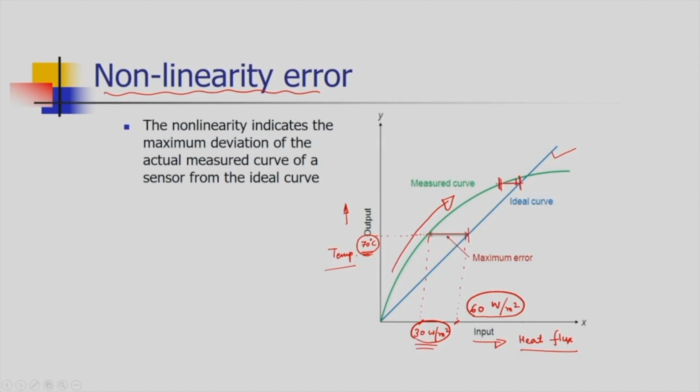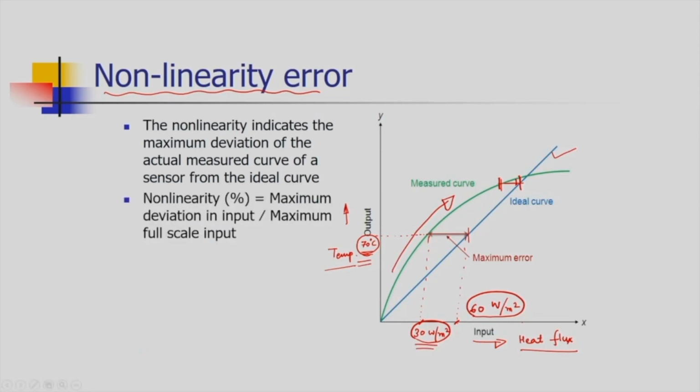So, the non-linearity error is the maximum difference between the input values which produce the desired output value. That is the maximum deviation in the input per maximum full scale input.